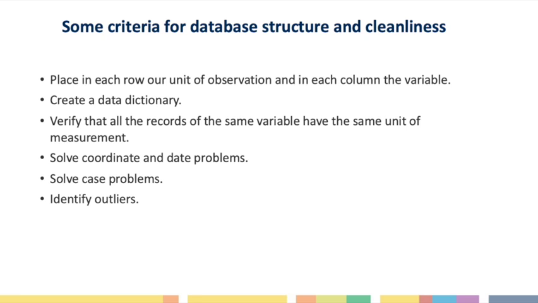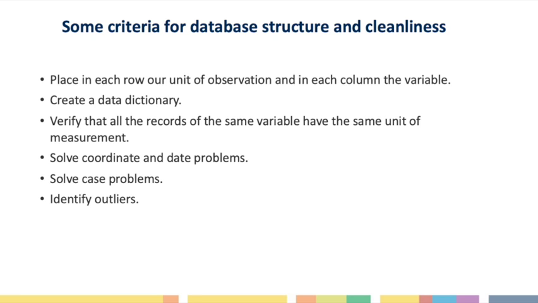We should also detect and solve all the problems related to formats or measurement units with the coordinates and the dates, because the information that we have depends on the soil information that we have in our database. We should also solve the case problems, because we wouldn't want two categories that are the same to be included in different classes.